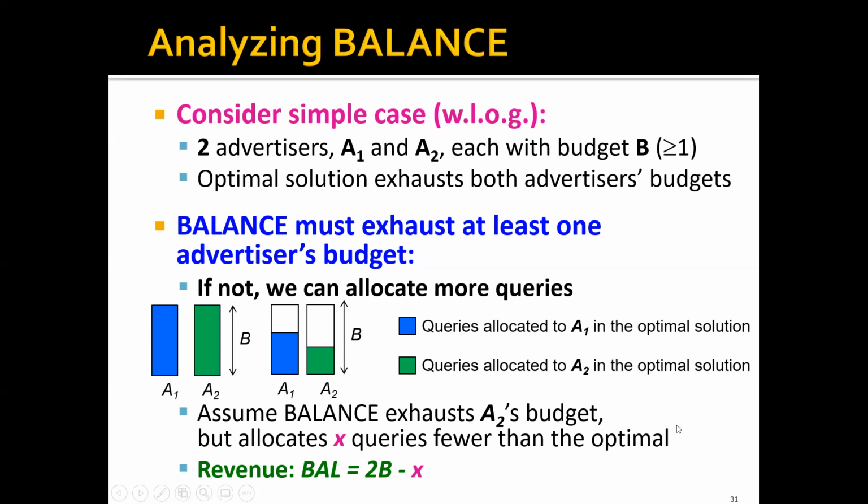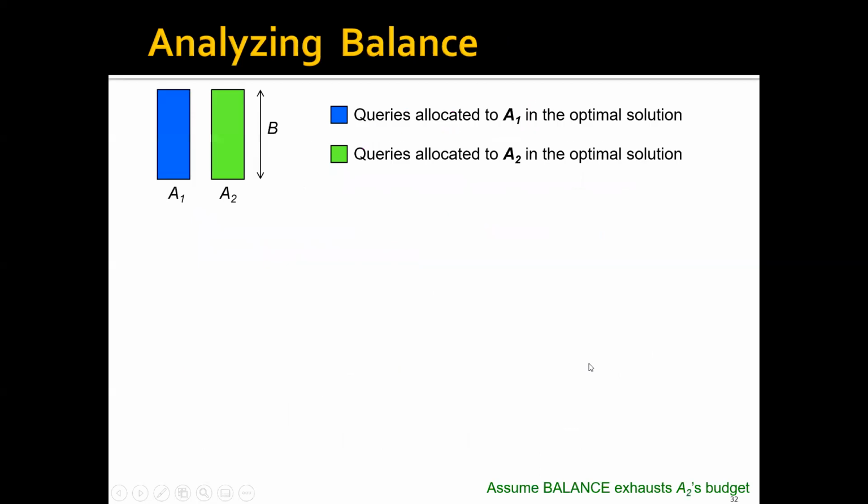Now, let's assume without loss of generality that the balance algorithm exhausts A2's budget, and that it allocates X queries fewer than the optimal. And then in this case, the revenue will be 2B minus X. Visually, again, let's say that this is a figure for the optimal solution.